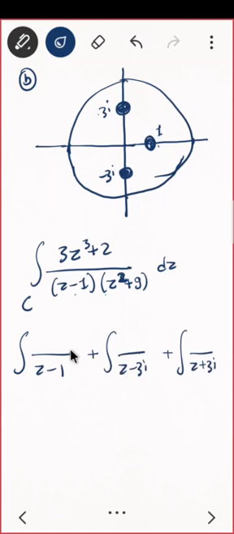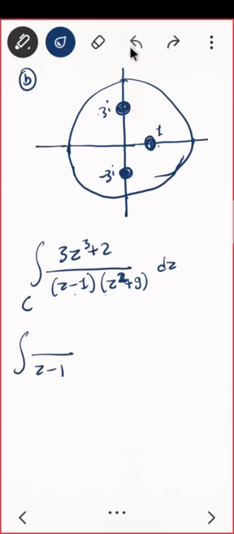And do you see that is quite difficult to do here? It will be quite lengthy, difficult to go through, and quite time consuming. So now here comes your Cauchy residue formula. What is Cauchy residue formula?